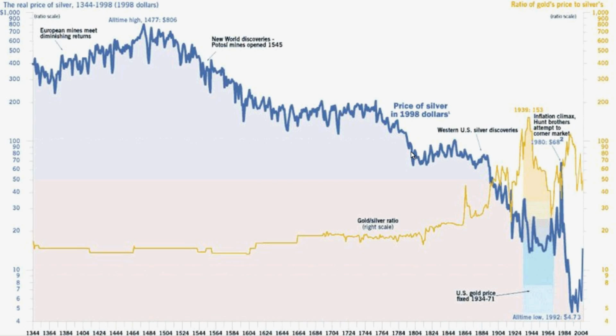But then when we get to the late 1800s, we have two events that happen simultaneously that are very, very bearish for the price of silver. The first one is the 1870 demonetization of silver. So we had the governments of the world deciding that they weren't going to use silver as money anymore.